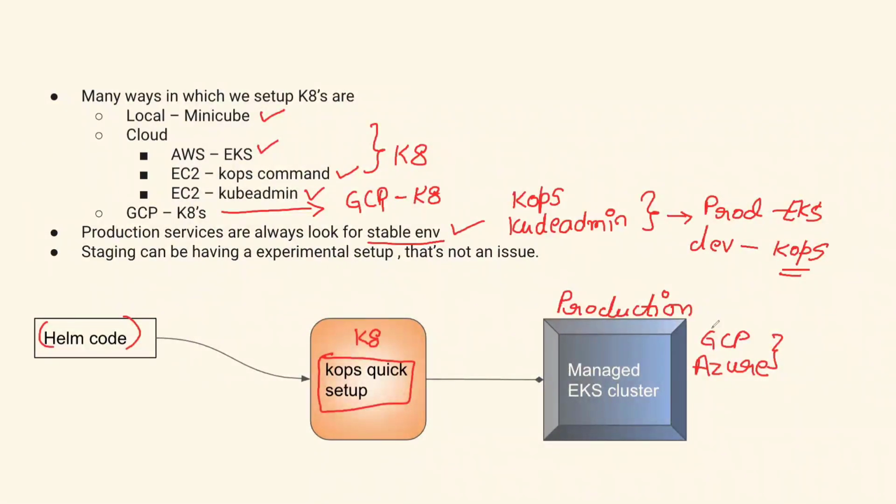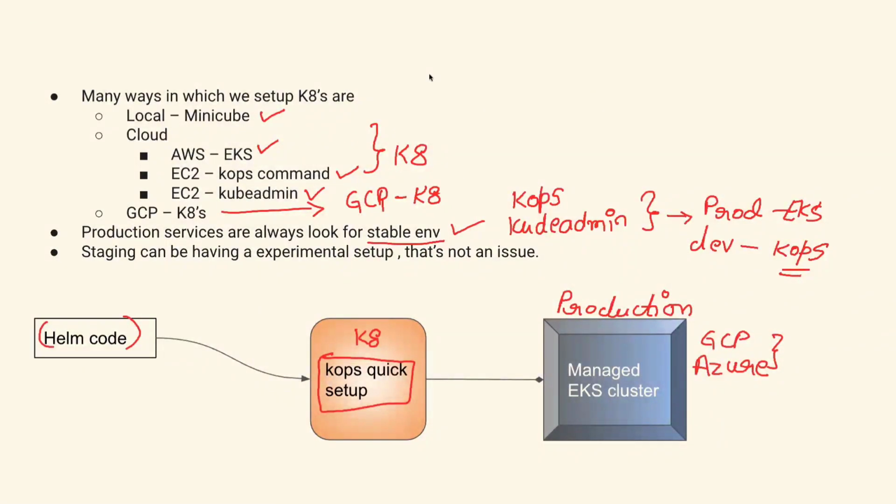In our current setup, we are using an AWS managed EKS cluster as part of the production setup. If there is a need to have a staging setup done, we leverage kops to set up our staging testing environment.